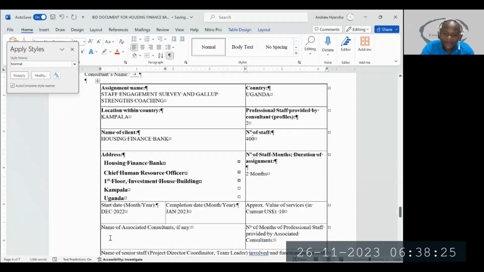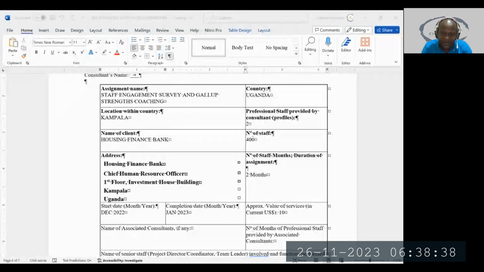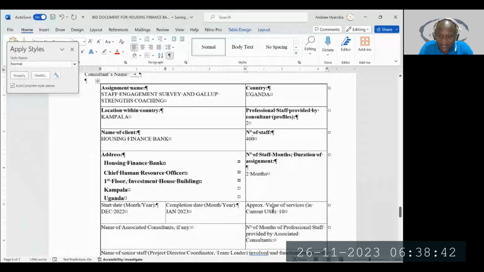Now, you see, they want us to bid in Uganda shillings, but they forgot to change the form to show Uganda shillings. These are small things you pick up as you continue through this work of writing bid documents. You'll notice the small errors they make. They say they want the bid in Uganda shillings, but they're asking you to quote how much it was in what?